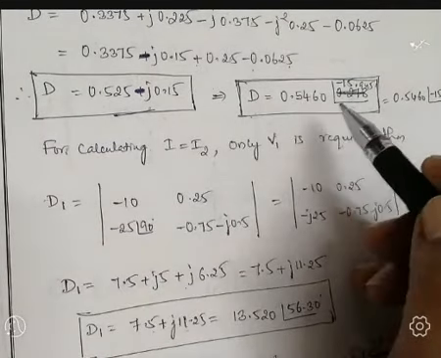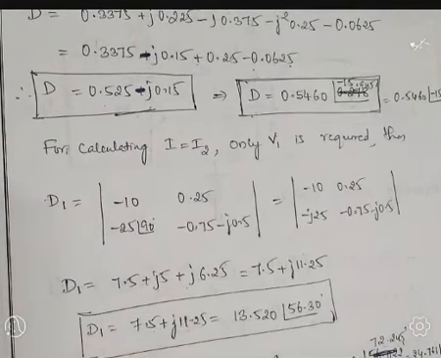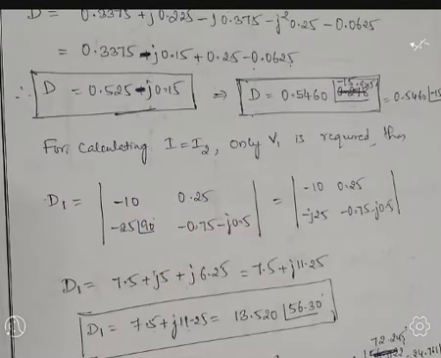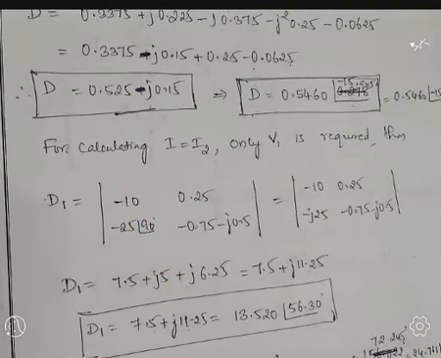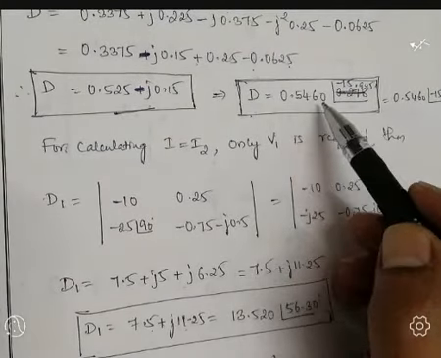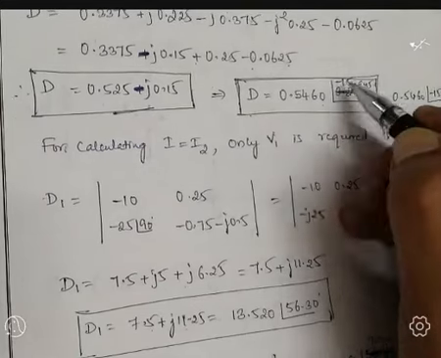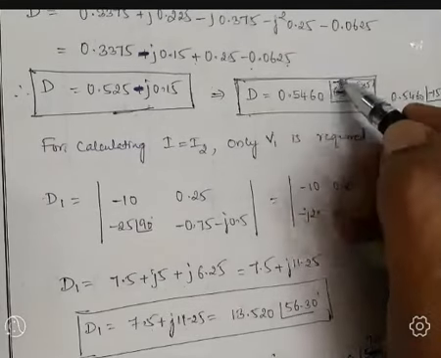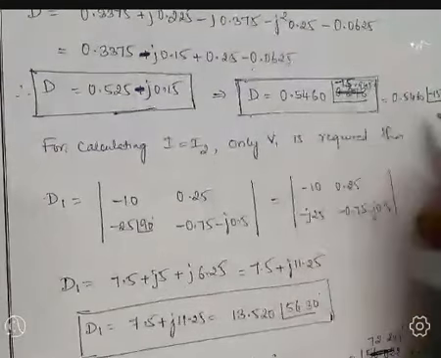Conversion from Cartesian to polar. Already we discussed how to convert in your calculator, in the previous video, previous class. If you convert, we will get the answer as 0.5460 of angle minus 15.945.